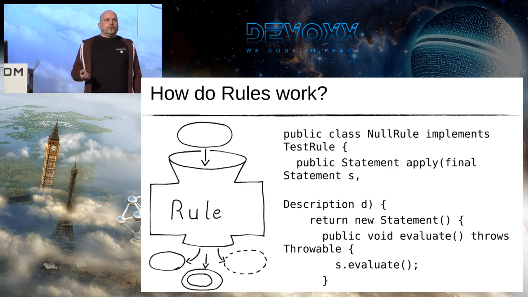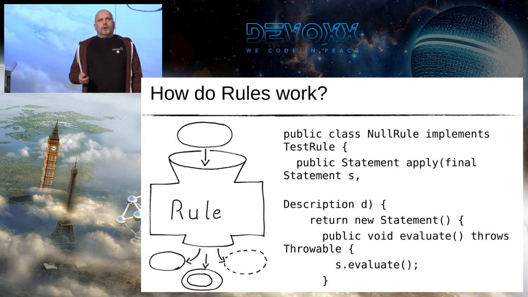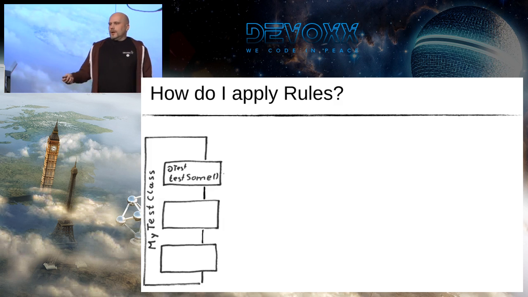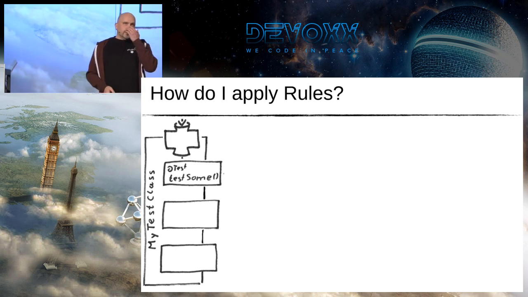And in this case, I implement obviously a pretty stupid rule, which does nothing but show how a typical rule would work, with the interesting stuff left away. So the missing piece now is we have a rule, we have a test class, we have to bring this together. And this is actually really easy. We just slap the rule on the test class as a field.